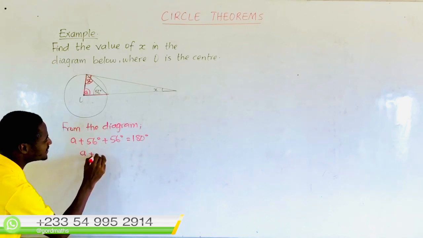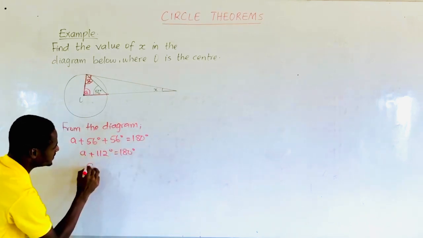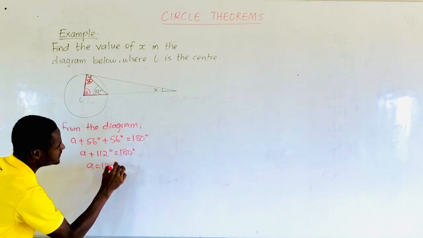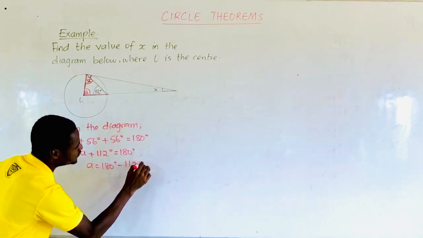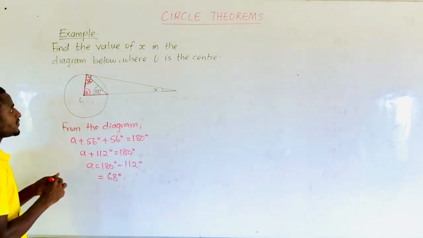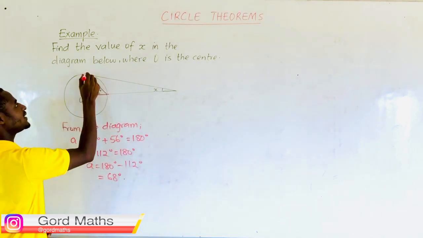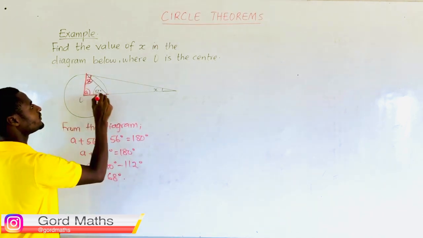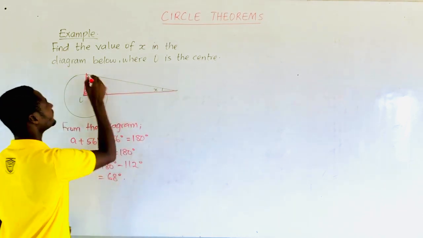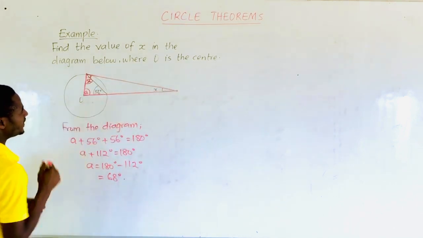And so A plus 112 is equal to 180 degrees. A is equal to 180 minus 112 degrees, and that will give us 68 degrees. But remember, it is x we want to find. And there is another triangle inside this bigger triangle.